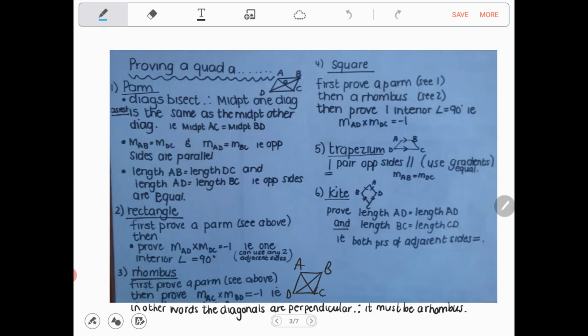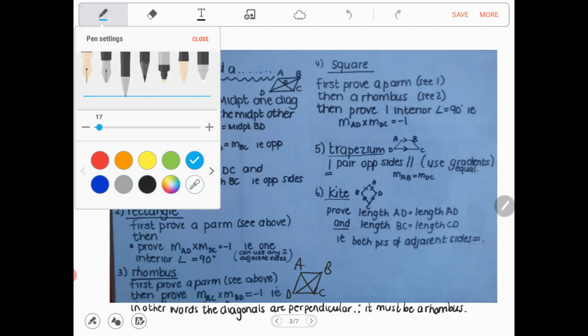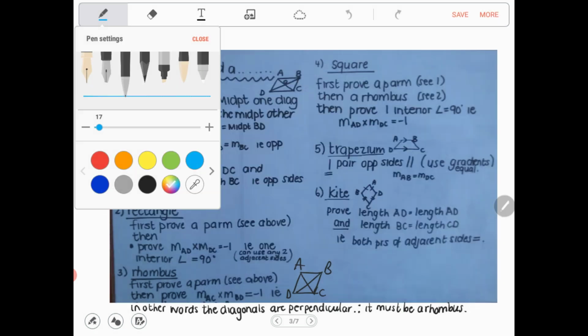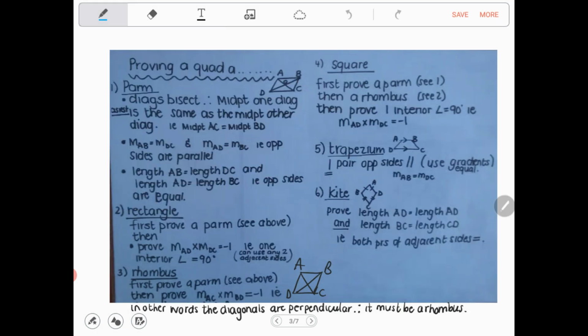Okay, so these are just a photo of notes that I made about how do we prove that a quadrilateral is a parallelogram first. Okay, so the easiest way to prove that a shape is a parallelogram is to prove that the diagonals bisect.